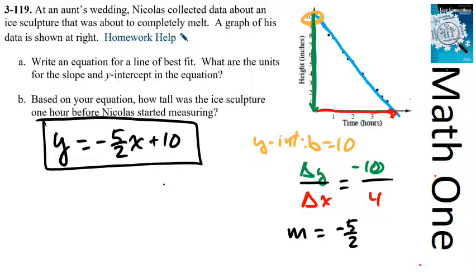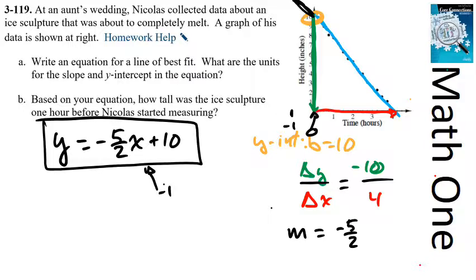So this is an equation of probably a pretty reasonable line of best fit. Next it says, based on your equation, how tall was the ice sculpture 1 hour before Nicholas started measuring? He started measuring at hour 0, and they're asking if I go back an equal distance, at -1, about how tall would the ice sculpture have been? What you could do is literally feed -1 in as input into this function.